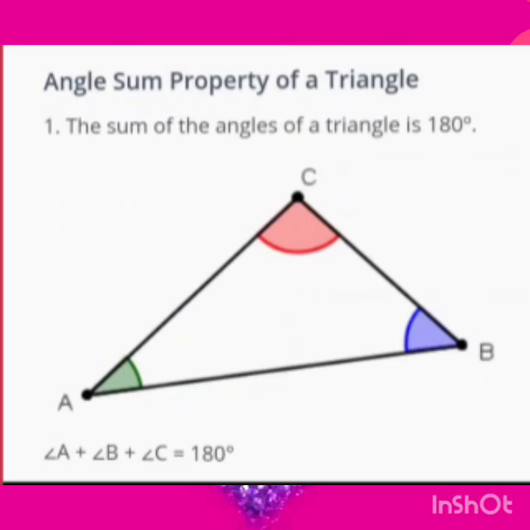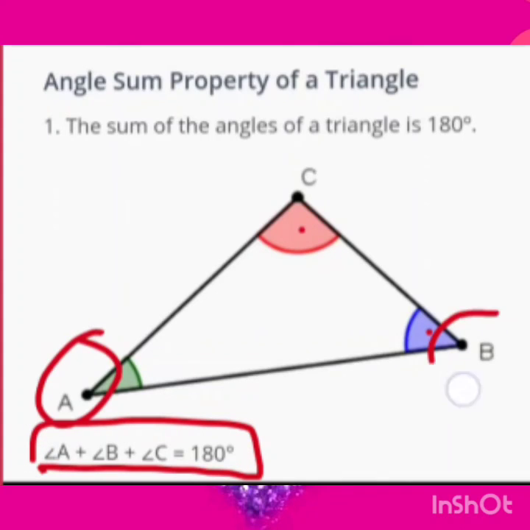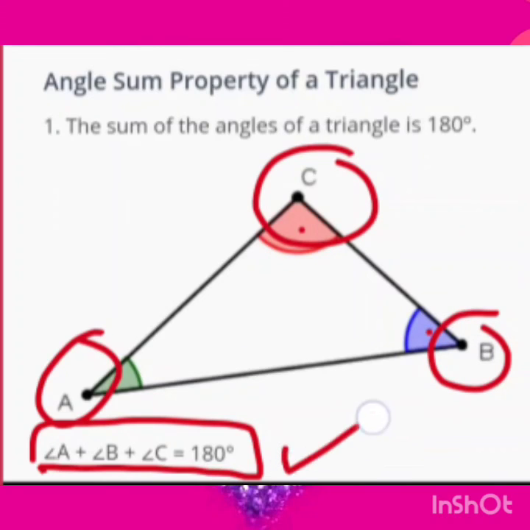Each and every one of us knows that a triangle has three angles. Here you can see one triangular figure, and angle A, angle B and angle C. These three angles are there. Now the property says the sum of the three angles must be 180 degree. It means angle A plus angle B plus angle C is always 180 degree.